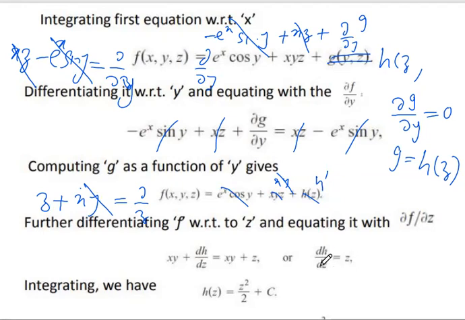Integrate this because this is ordinary. When you integrate ordinary, you have to add a constant. Here we are not partially integrating, here it is ordinary integrating. That's why you add a constant, right? So z squared over 2 plus constant, and put this one into here.